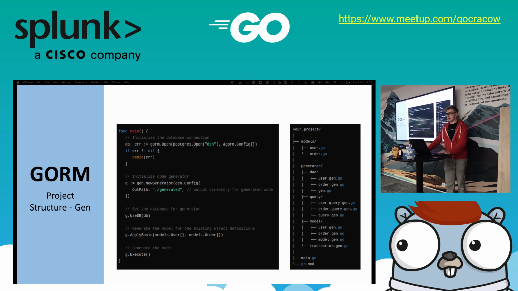So as you can hear, by default, GORM is not type safe. And why is that? It is because everything inside GORM is working on interfaces. There is no strict typing, because this is the same problem that we have with sqlx.